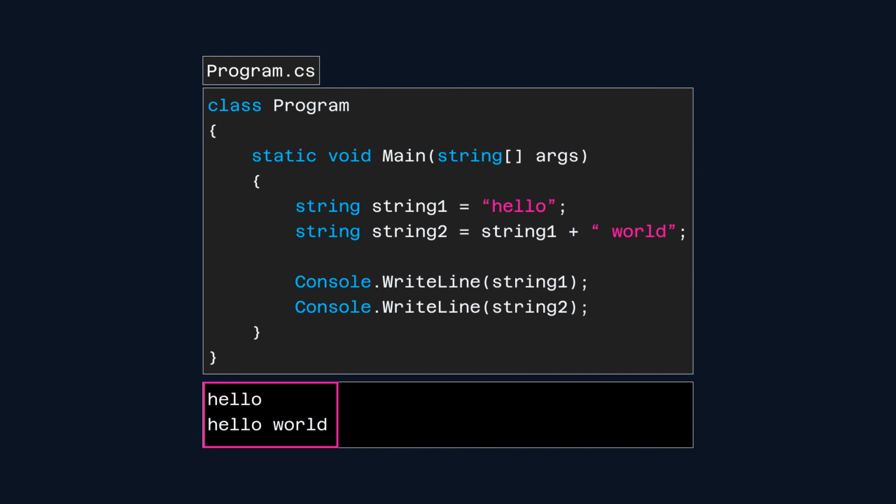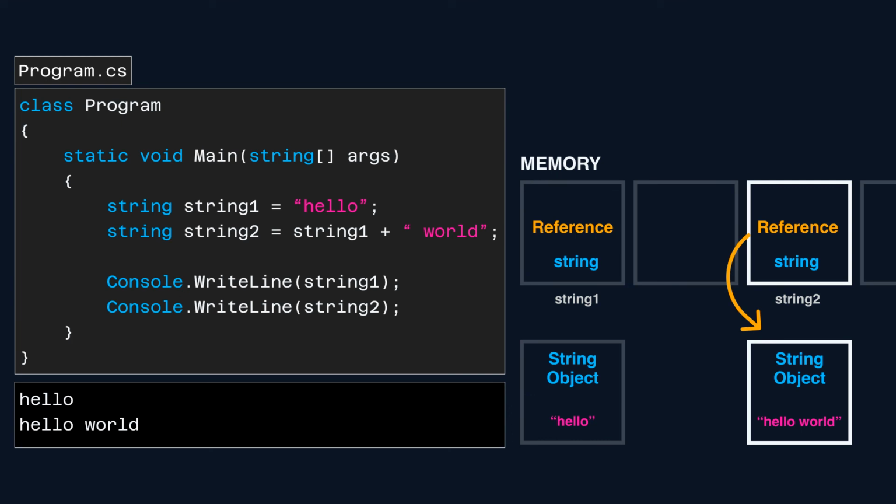If strings behaved exactly like the other reference type variables, we would expect both strings to hold the same value. But strings are immutable objects, meaning they cannot be changed after being created. So what appears to be a string manipulation is in fact creating a new string object. In this example, we are not changing the string referenced by the first variable.